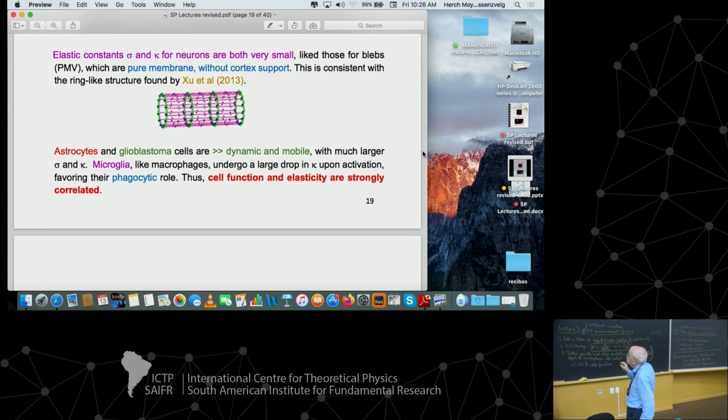Also, astrocytes and glioblastoma cells are very dynamic and mobile, and you find that they have much larger sigma and kappa. And microglia, as I mentioned, like the macrophages, undergo a large drop in bending modulus upon activation, favoring the phagocytic role, so the cell function and the elasticity are strongly correlated.